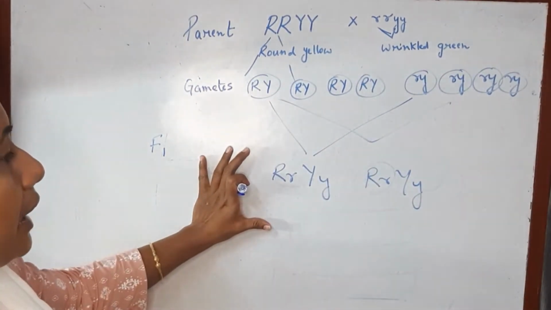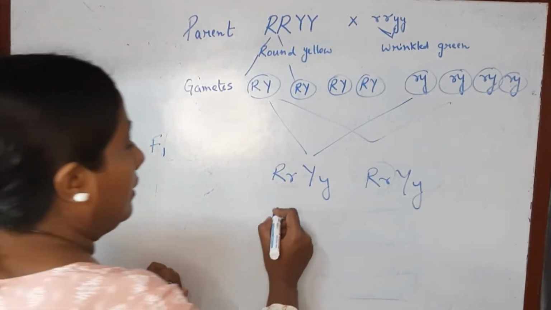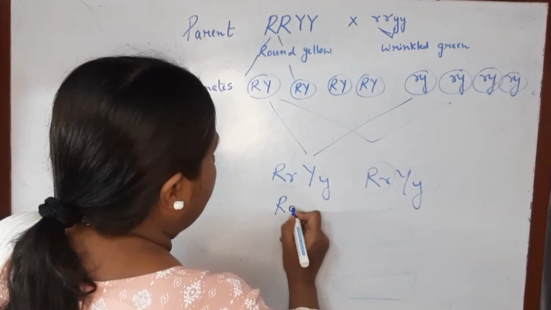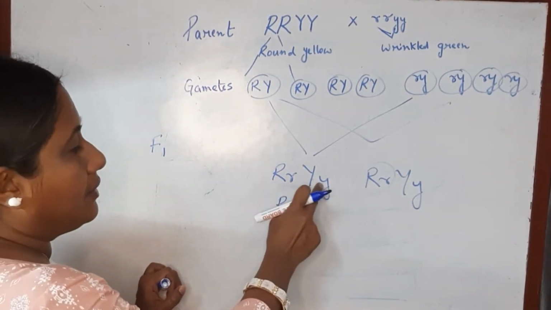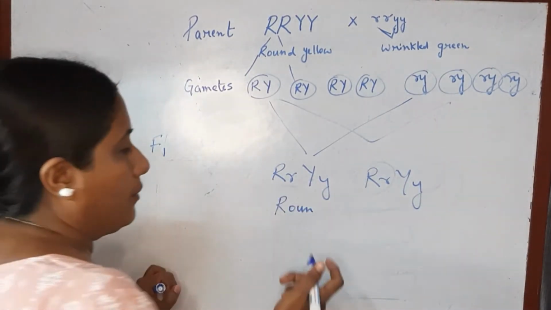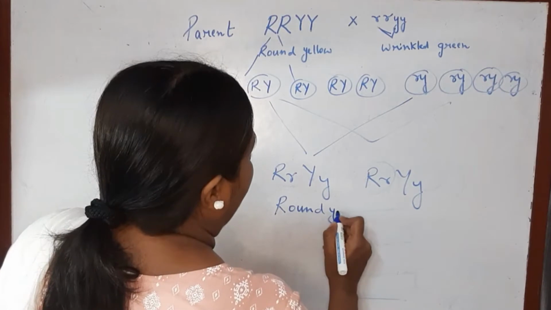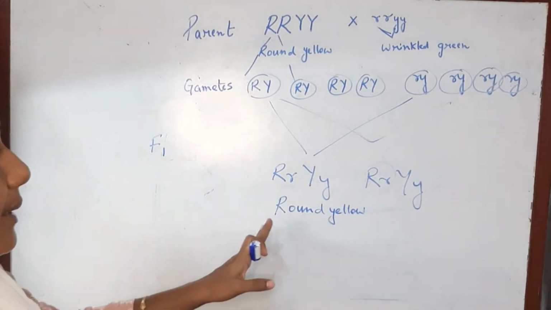Now we will self-pollinate the F1. All the F1 are round yellow. The dominant trait will express itself, but the recessive trait cannot express itself in the F1, as we discussed in the previous video. So all the F1 plants will be round yellow.